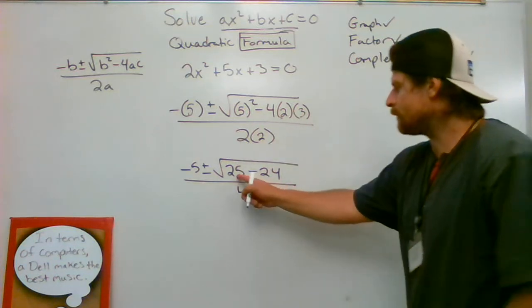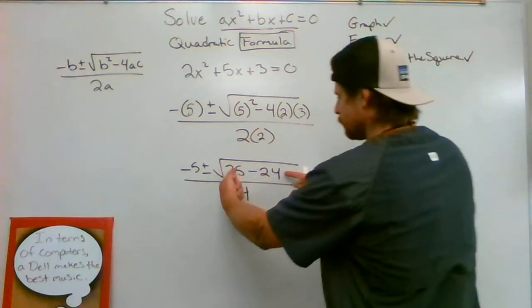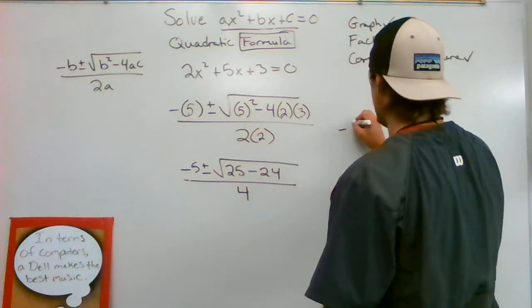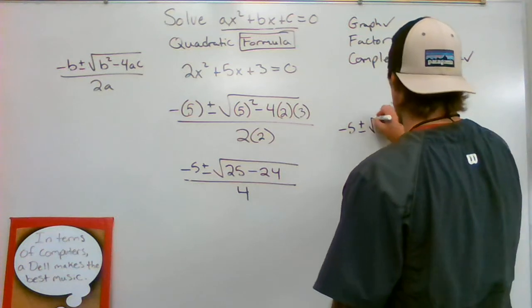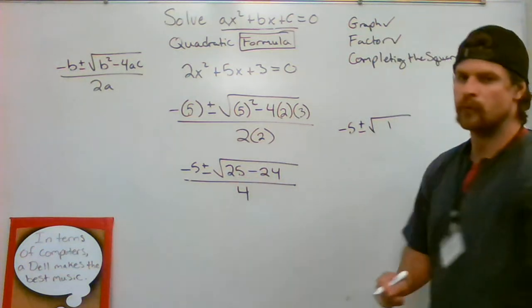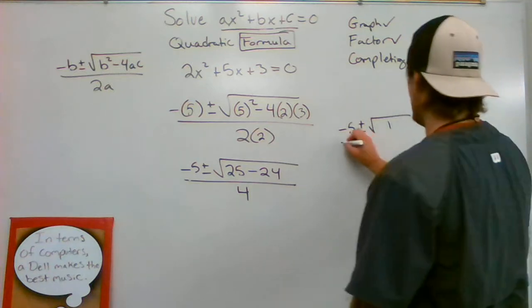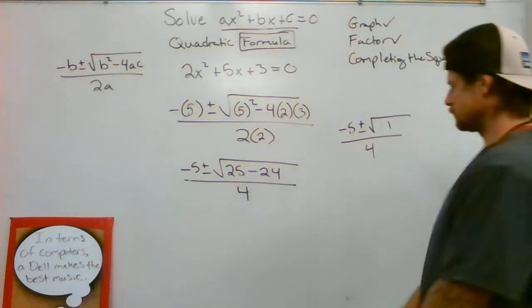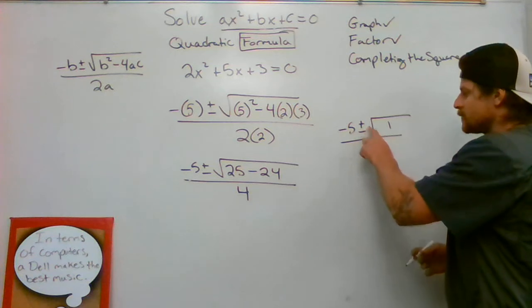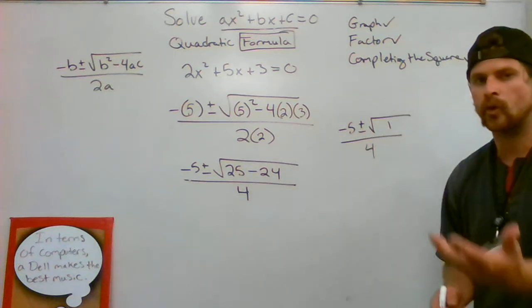All right. 25 minus 24. Now you want to simplify what's in the square root. So copy this down as you see it. Negative 5 plus or minus the square root of, change this. That is now the square root of 1 over 4. All right? Now we say plus or minus because the square root of a value can be a positive or a negative.